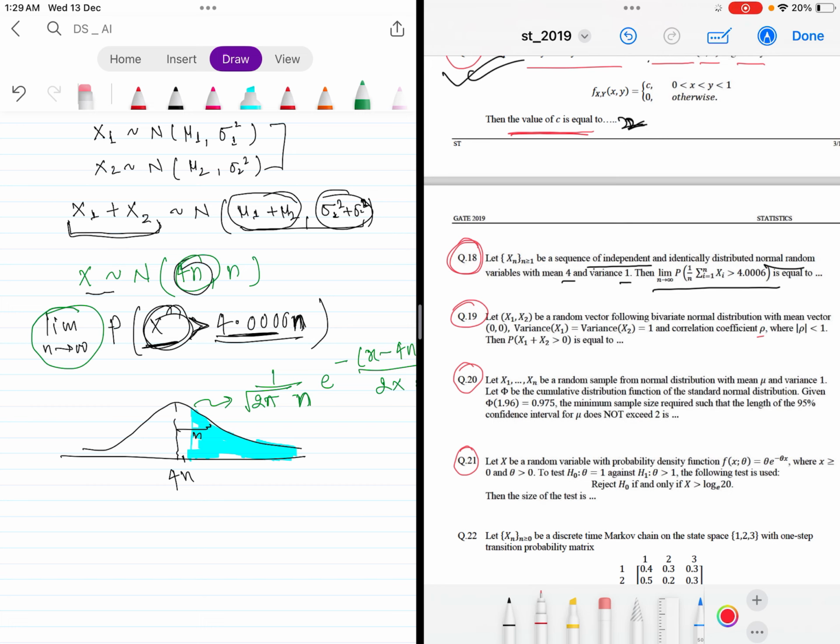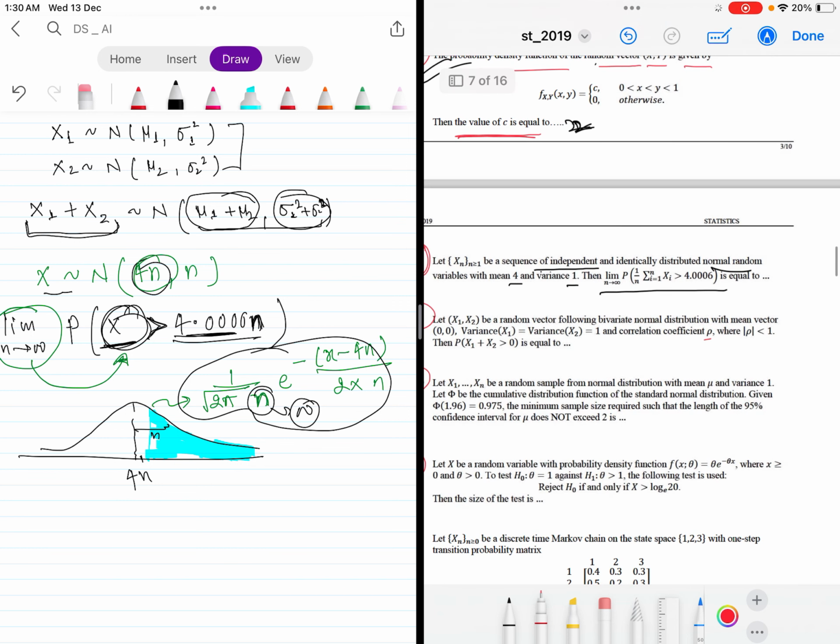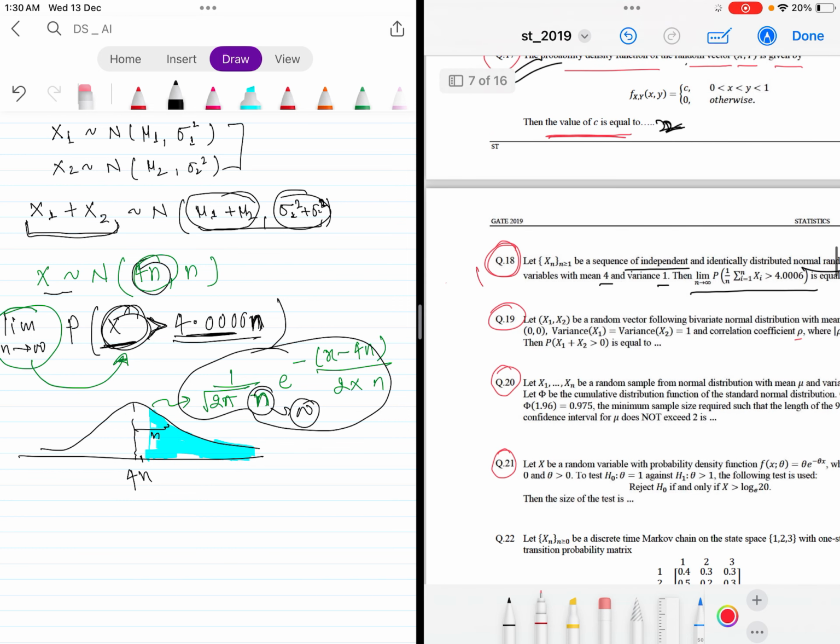Now if we take the limit inside, as n goes to infinity, this whole term goes to 0. So 0 is the answer for this question.